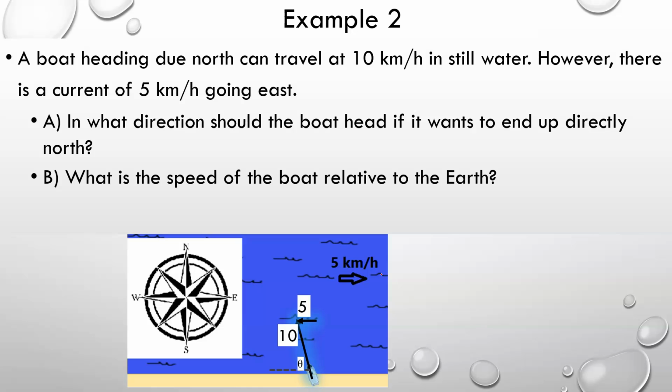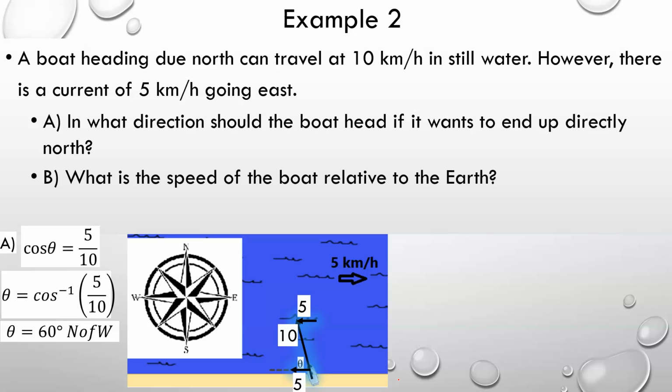Then that 5 can be transposed down here, and we want to end up finding angle theta. So again, if you look at it, it's adjacent and hypotenuse, so you want to use the cosine function. So the cosine of theta is equal to 5 over 10, and then you take the inverse cosine of both sides, and you would end up with an angle of 60 degrees north of west.